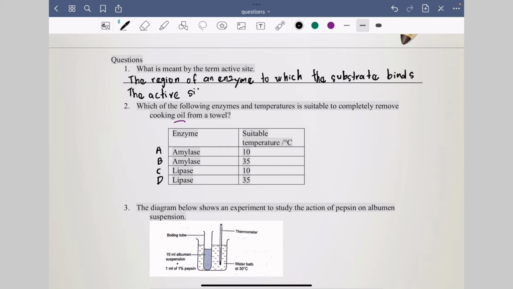The active site has a shape that complements its substrate.